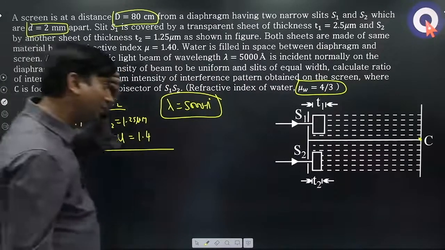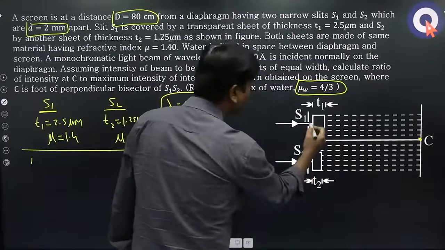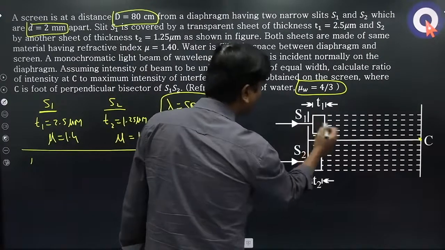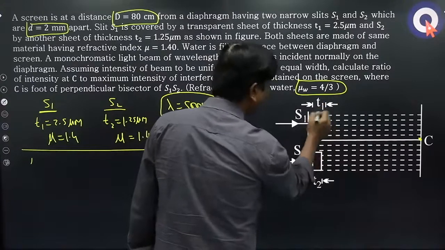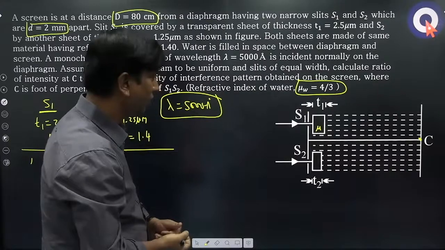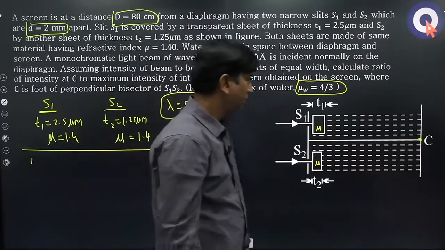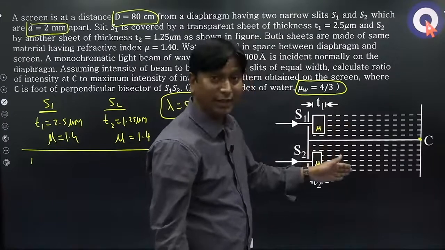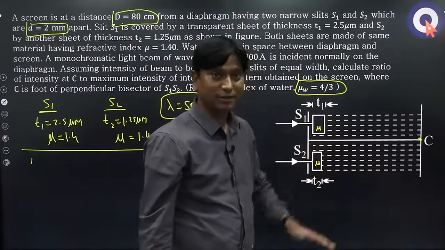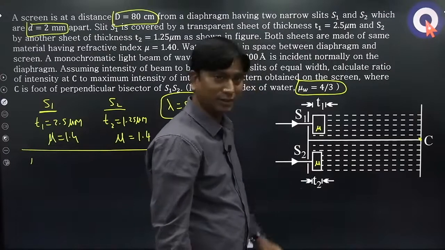First of all, see, this wave is going how much distance in this medium? T1, right or not? T1 distance it is going here, T2 distance here, right? The remaining part is not air, the remaining part is water, right? So how do you get the path difference?